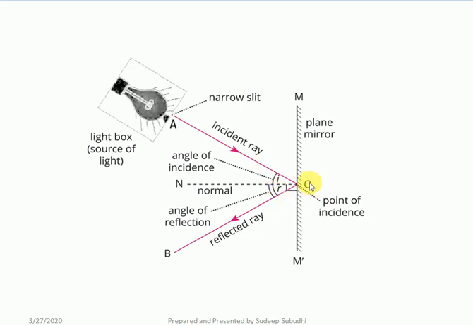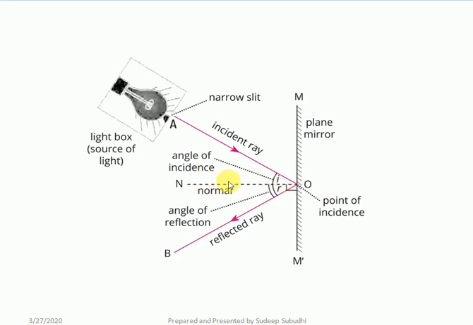Point O is called as point of incidence, the point at which the incident ray strikes the reflecting surface of the mirror. OB is called as the reflected ray, the ray of light which is sent back by the mirror is called the reflected ray.